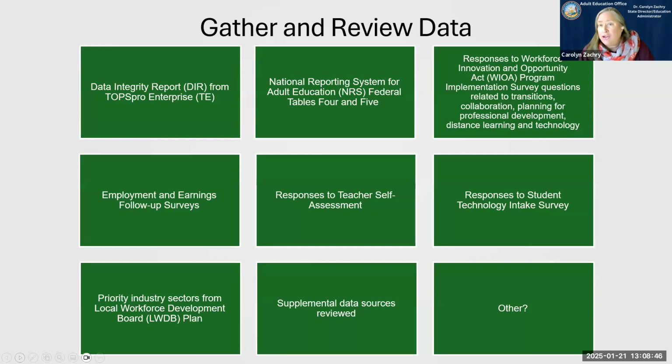So look at your implementation survey responses, and are there areas where you want to improve your responses? You'll want to look at your employment and earnings and your follow-up surveys, the responses to the teacher self-assessment, the technology self-assessment, as well as your student technology intake survey, another form of data.